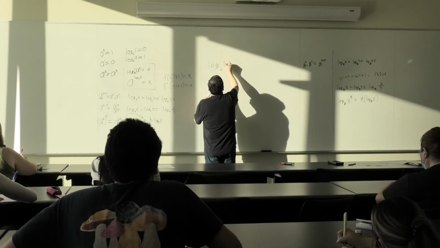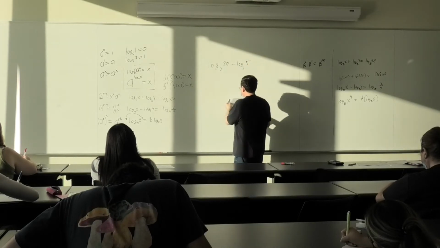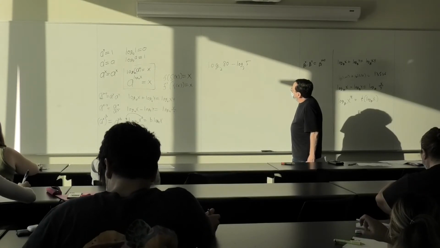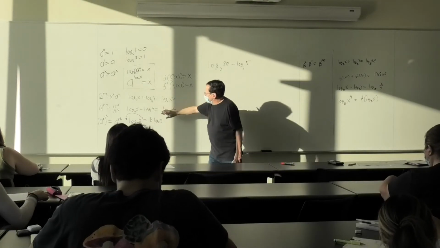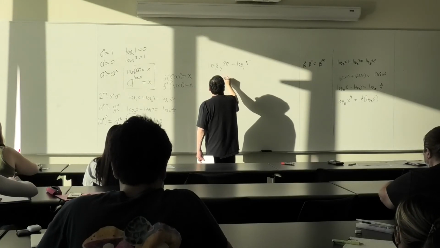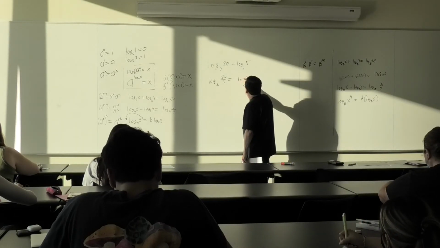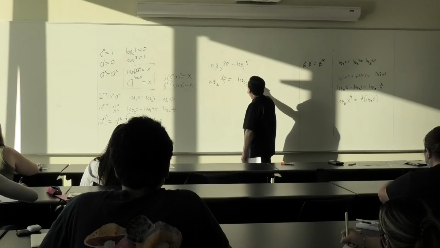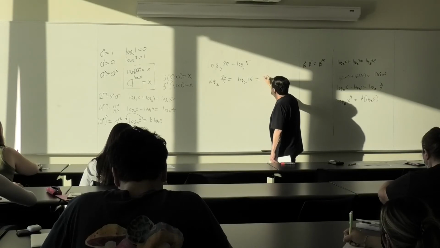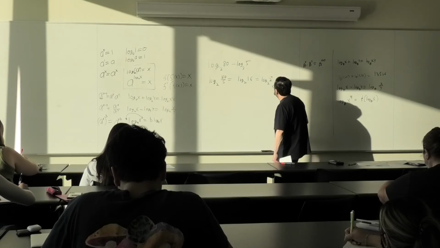Log to the base 2 of 80 minus log to the base 2 of 5. Let's say I wanted to simplify that. My first step is to use the subtraction law. That tells me this is log to the base 2 of 80 over 5. Well, 5 into 80 is 16, so that's log to the base 2 of 2 to the 4th.